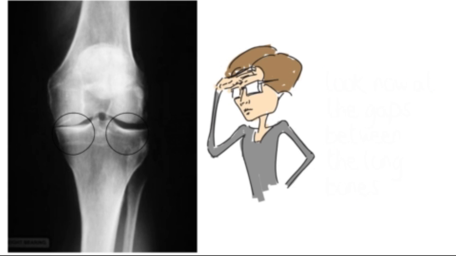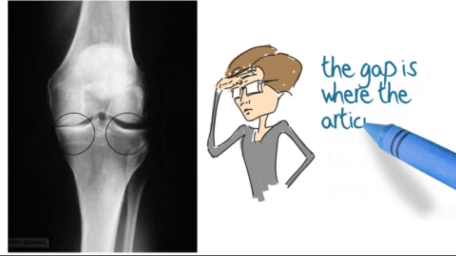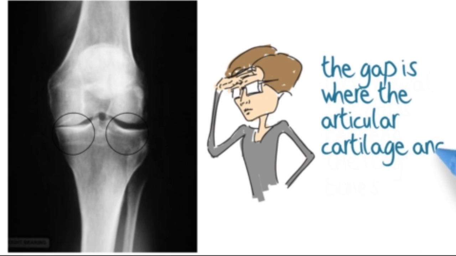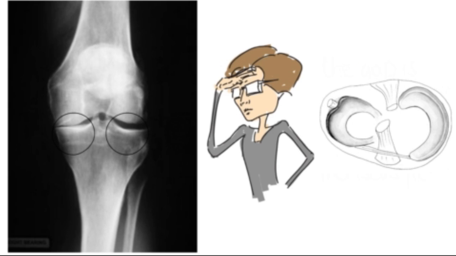This is probably because there's been some loss of the softer tissues that normally pad out the gap. That is, the articular cartilage at the ends of the long bones, and also the shock-absorbing meniscus that fills the space between them. The two menisci, the plural, are wedge-shaped semicircular cartilaginous structures that help to accommodate the rounded ends of the femur to the flattened top of the tibia.